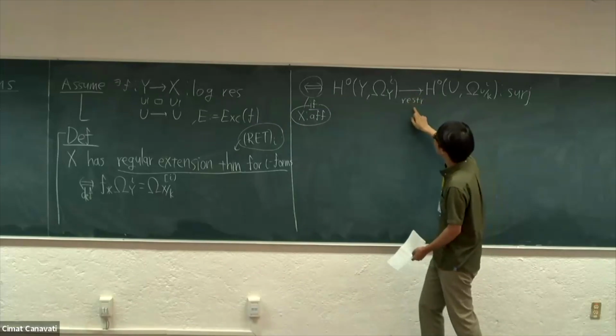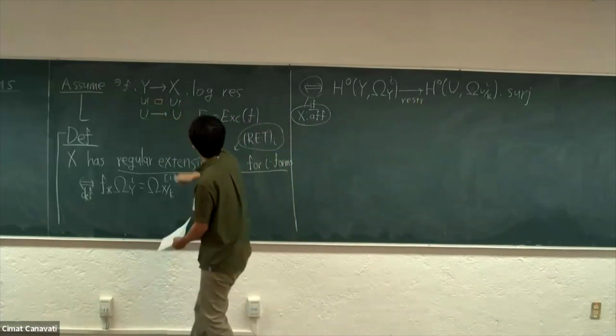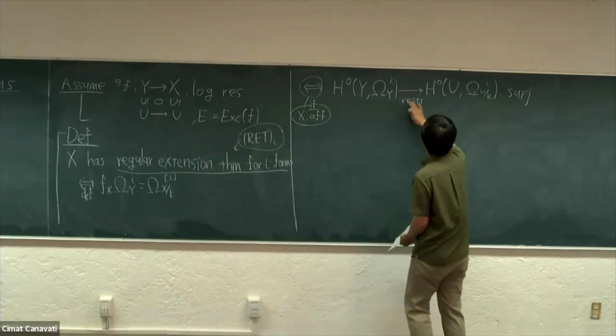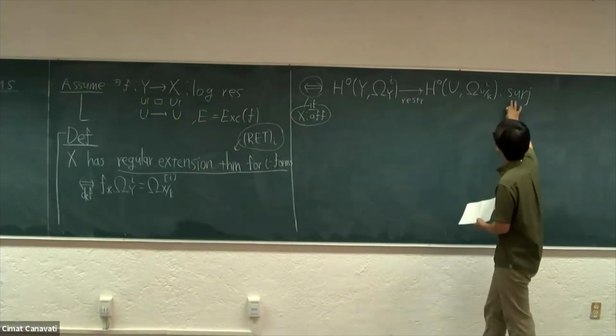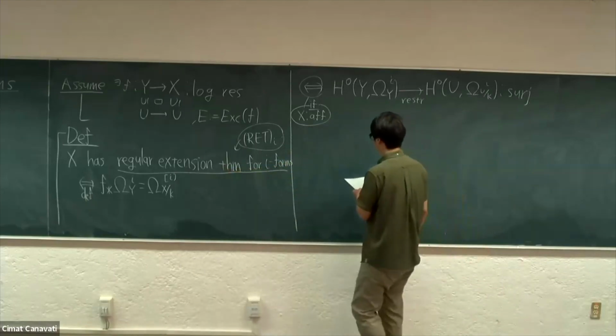This is just the restriction map, because U is of course an open subset of Y, and surjectivity is equivalent to the regular extension theorem.